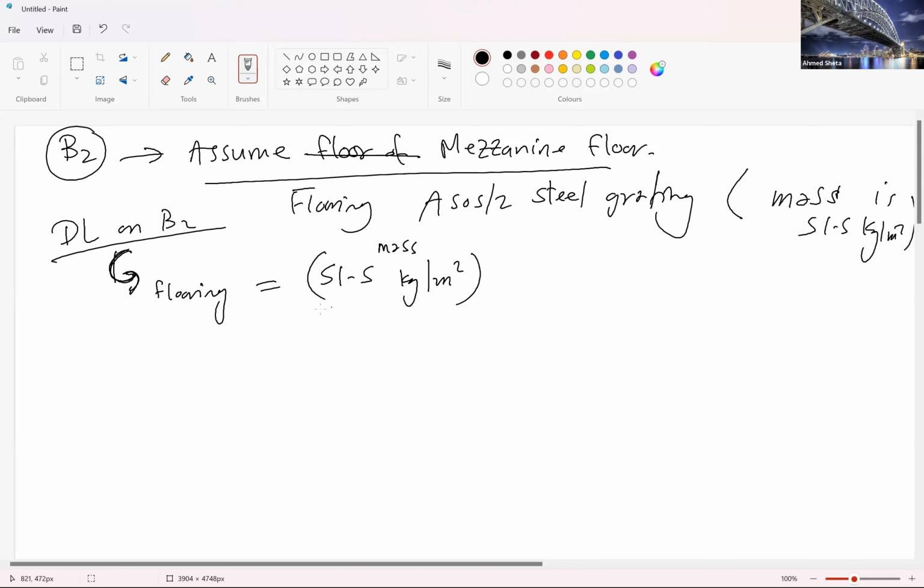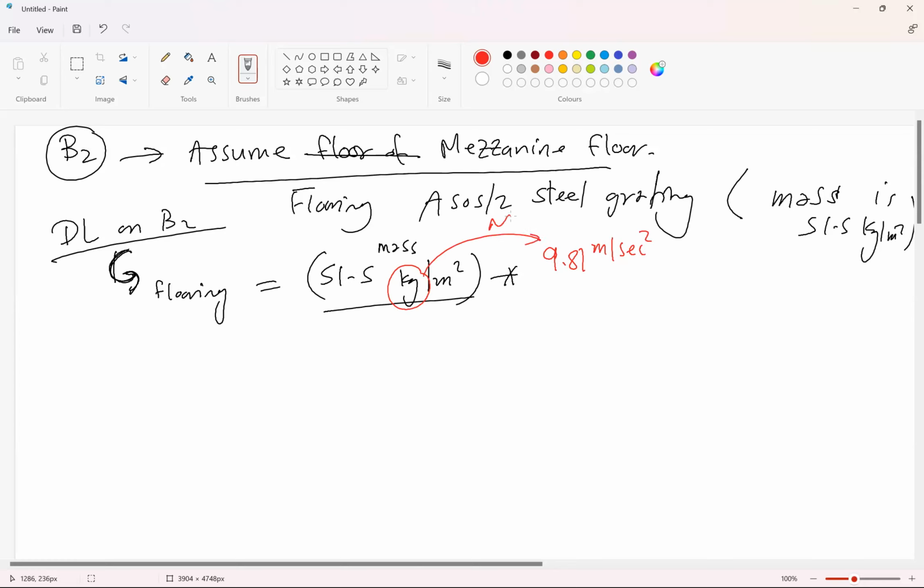To convert it to kilonewton per square meter, what do we have to do? Multiply by 9.81, of course, to convert from kilogram to Newton. Then to convert to kilonewton, you need to divide by 1,000.